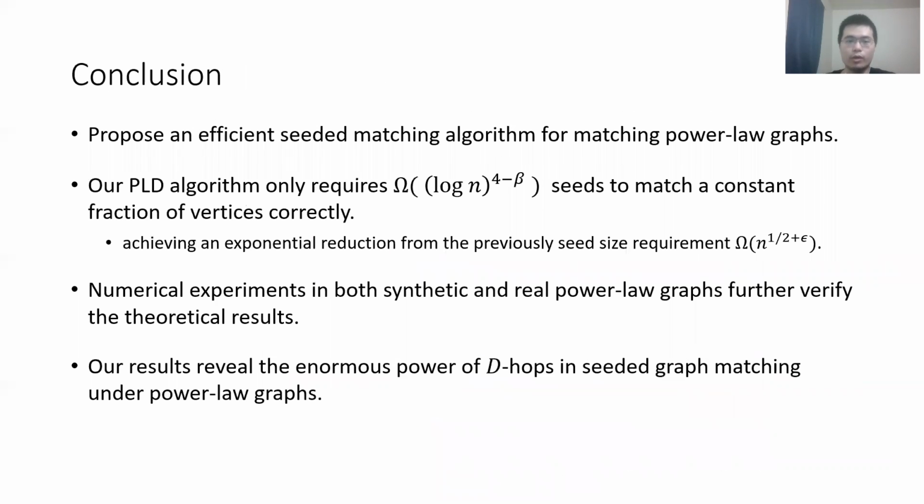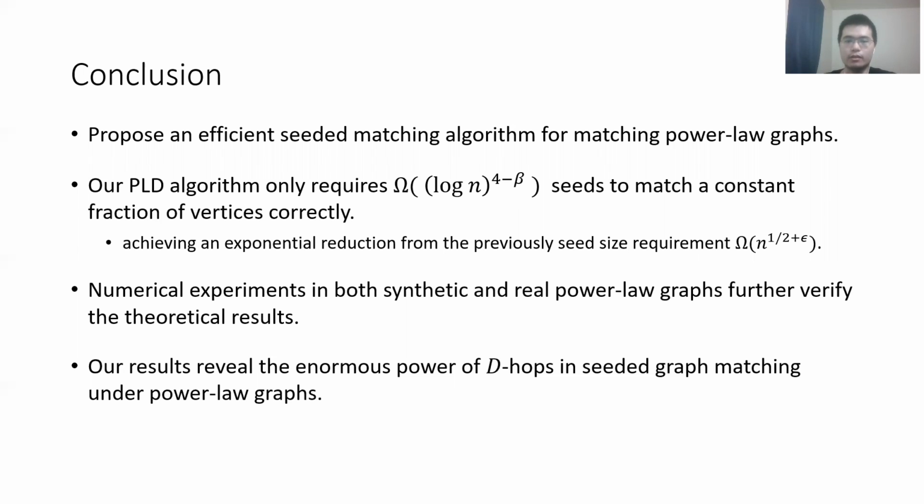To conclude, we propose an efficient seeded graph matching algorithm for matching graphs with power law degree distributions. Theoretically, under the channel model, we show that with high probability, our algorithm correctly matches a constant fraction of true pairs without any error, provided with only log n to the power of 4 minus beta initial seeds.